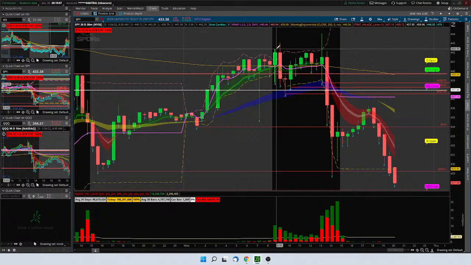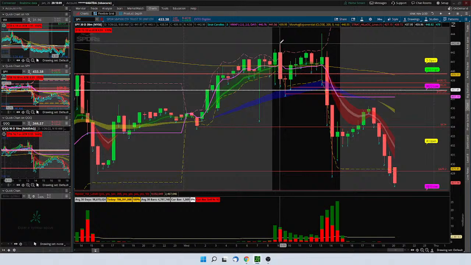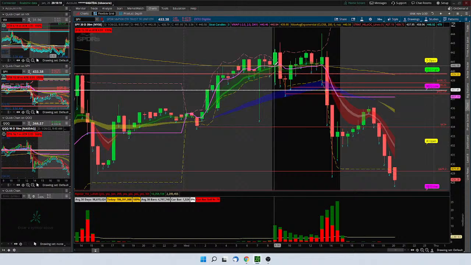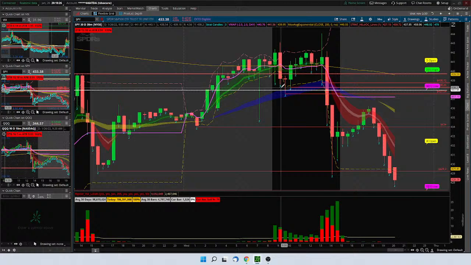This next candle has to come up, and it did. And then once it comes up and comes back right here, 50% of this previous candle, that would be your entry for an outside bar, which it did.